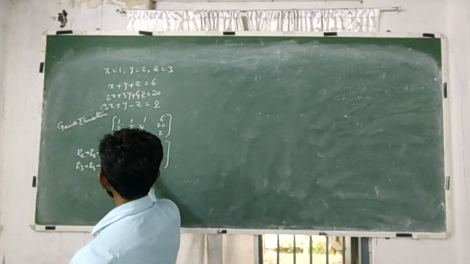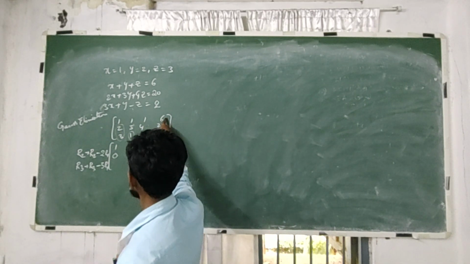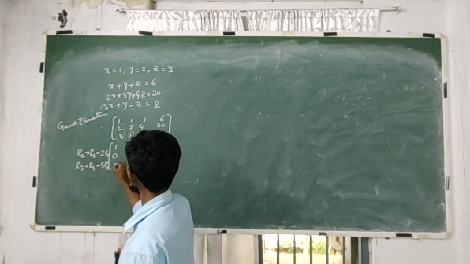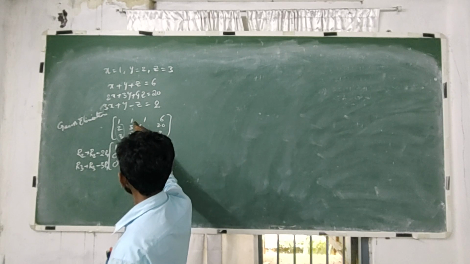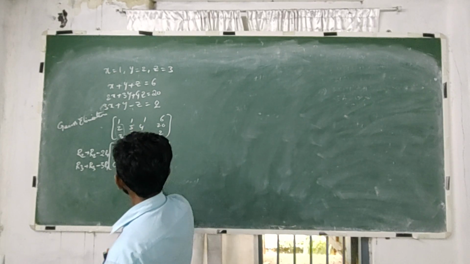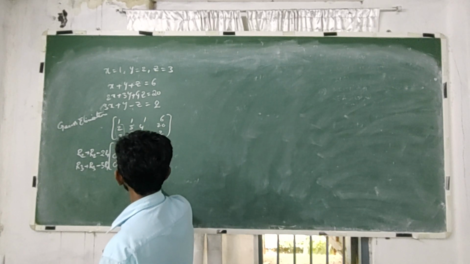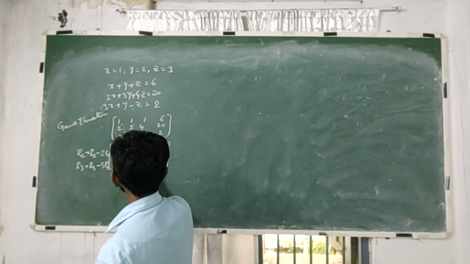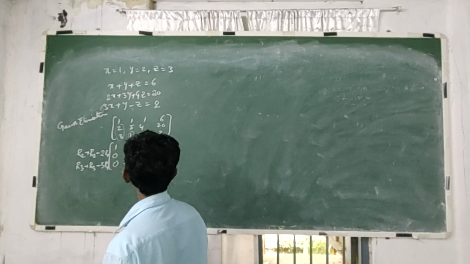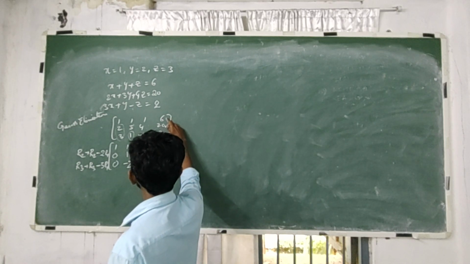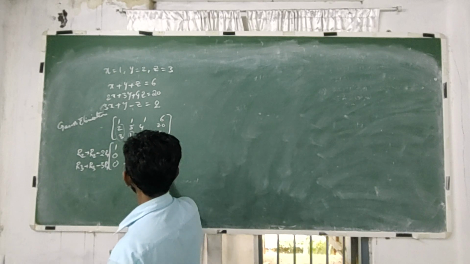The other one also, I have to multiply this one with 3 and subtract from here. So this is 0, minus 2, minus 4, 2 minus 18, minus 16.